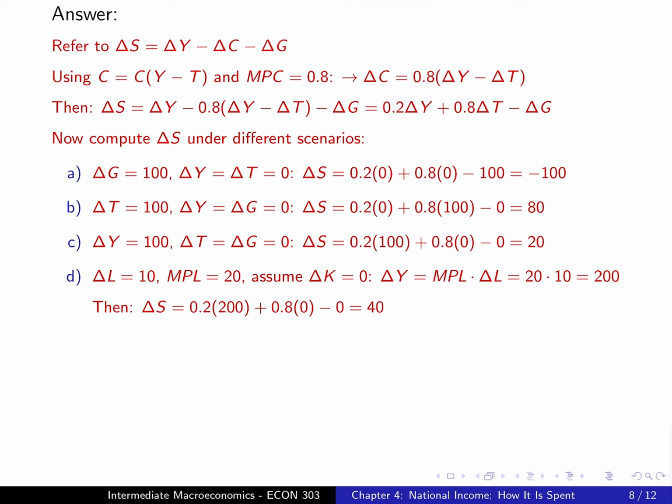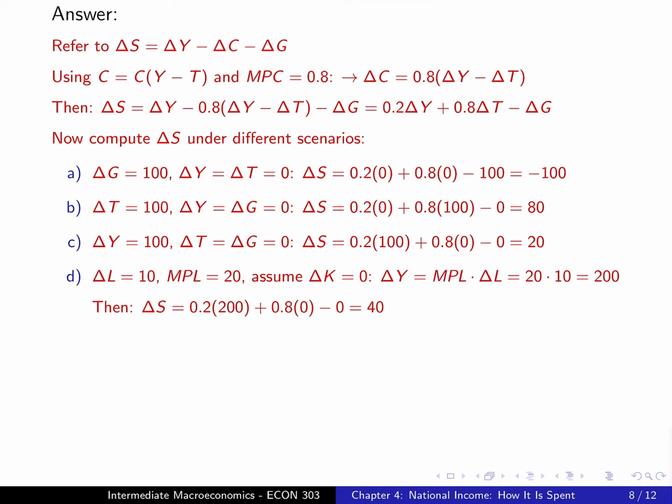So delta C equals 0.8 times (delta Y minus delta T). Substitute into the saving equation: delta S equals delta Y minus 0.8 times (delta Y minus delta T) minus delta G. That equals 0.2 delta Y plus 0.8 delta T minus delta G.